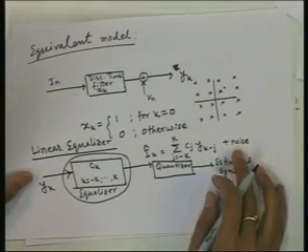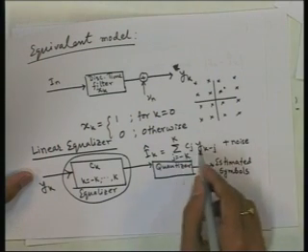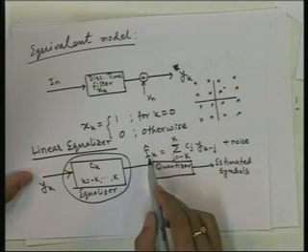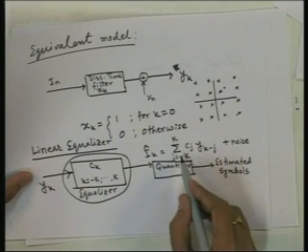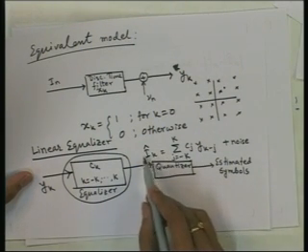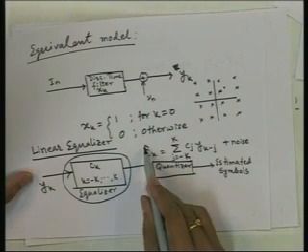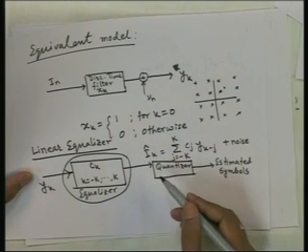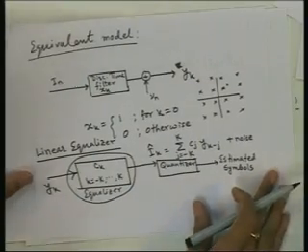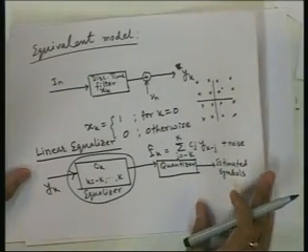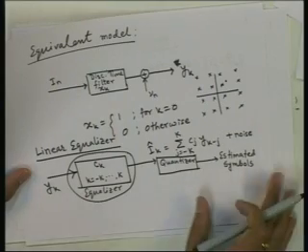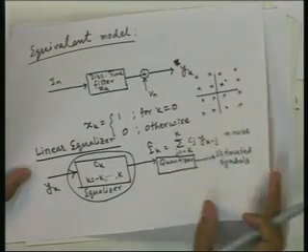What we say is that this is the estimate of the transmitted symbol I k, and we would like to see what is the maximum difference I k hat and I k can have. That will depend on C k, and we would like to design C k so that the maximum difference between I k and I k hat is minimized.